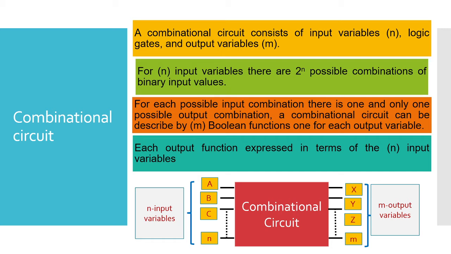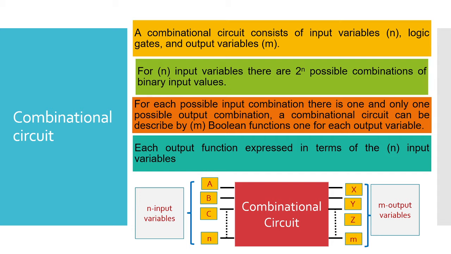Here you should understand that n variables will be there as input and m output variables will be there, depending upon the given problem. Okay, so if you have n input variables, that means it can take 2 to the power n possible combinations of the binary input values. And for each possible input combination there is one and only one possible output combination.